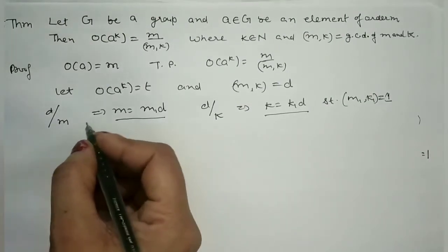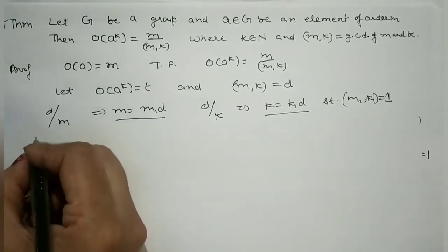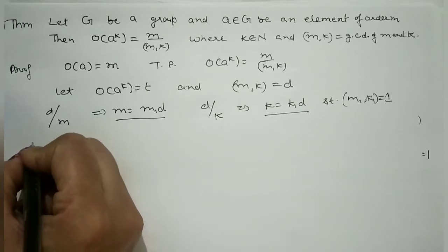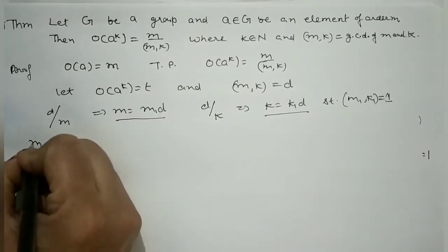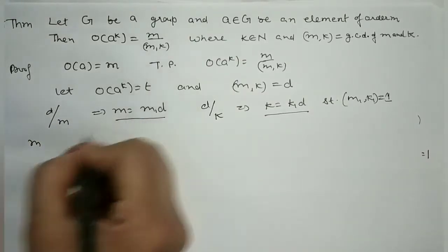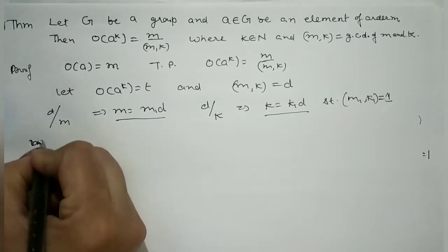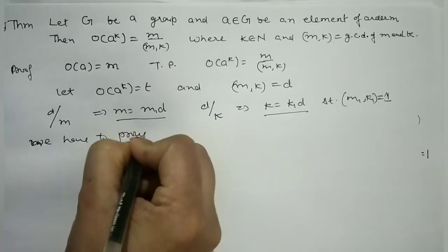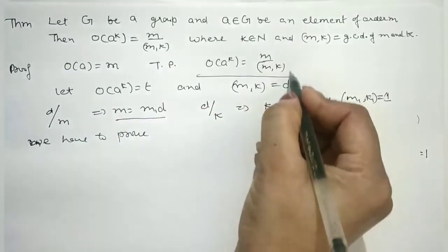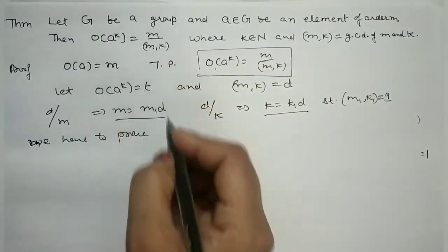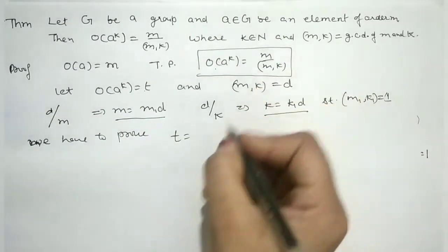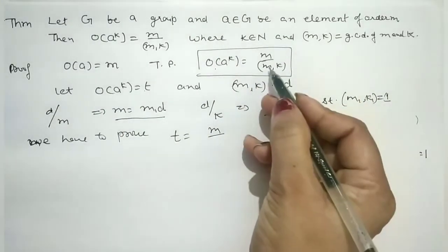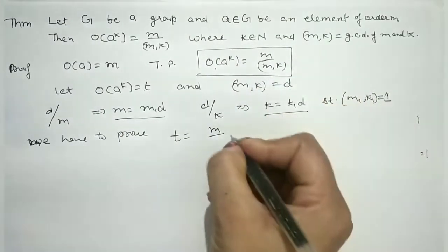Now we come to the main proof. We have to prove that the order of a raised to power k, which we have taken as t, is equal to m upon GCD of m and k, which we have taken as d.